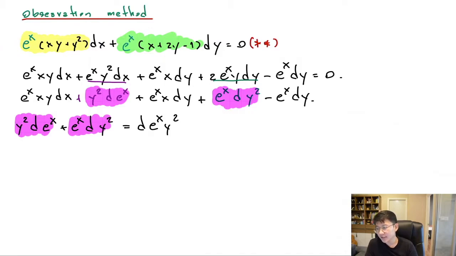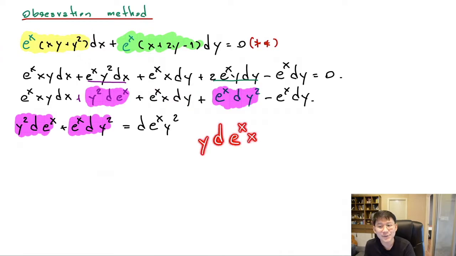And guys, let me look at it. What else do we have? As you can see, we have this term and this term left, right? So if we look at this as u dv, we should have y d of e to the x, right?